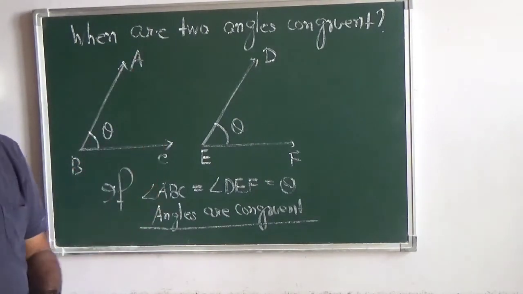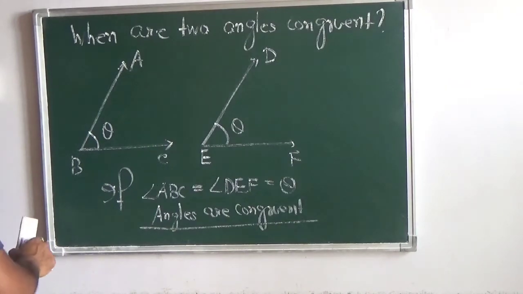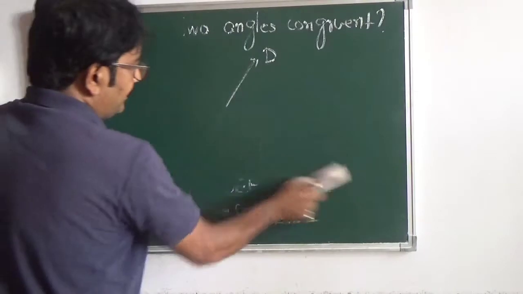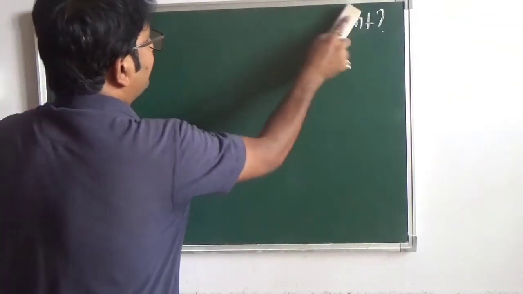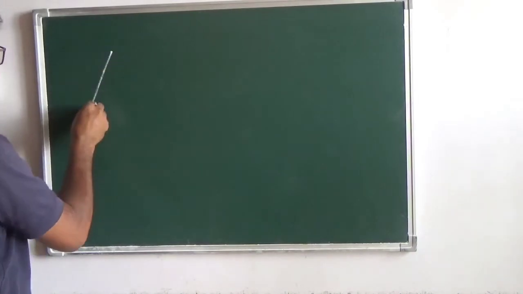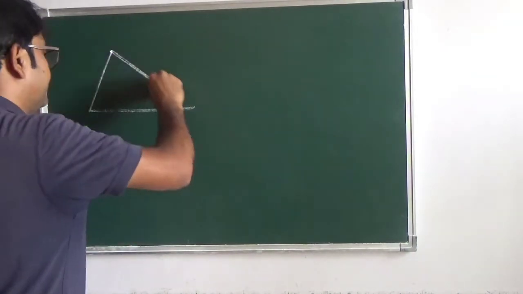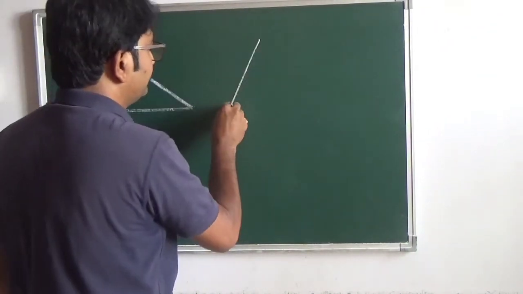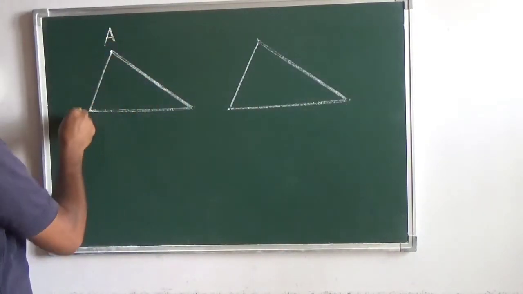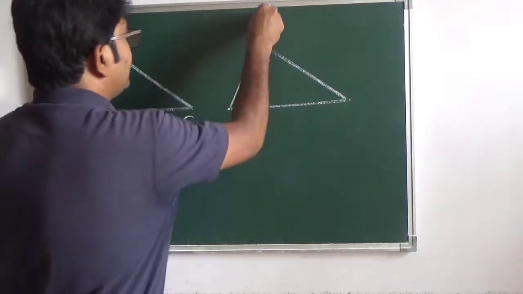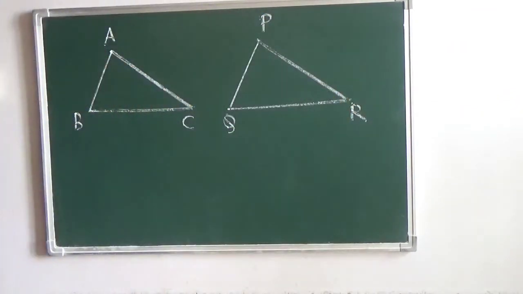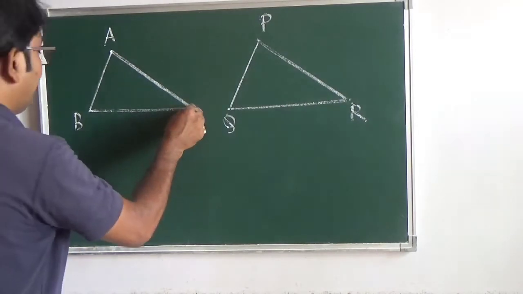Now let us get into understanding what congruent triangles are and what the criteria are for two triangles to be congruent. Let us take two triangles like this. This is triangle ABC, and this is PQR.